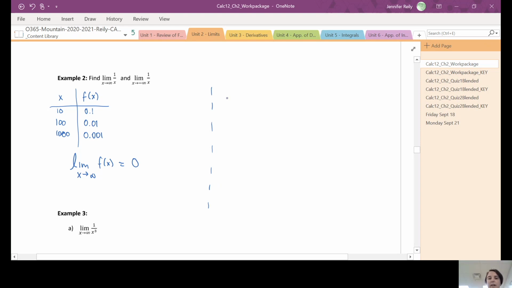Okay, let's look at negative infinity. Negative 10, negative 100, negative 1,000. So 1 divided by negative 10 is negative 0.1, negative 0.01, negative 0.001.